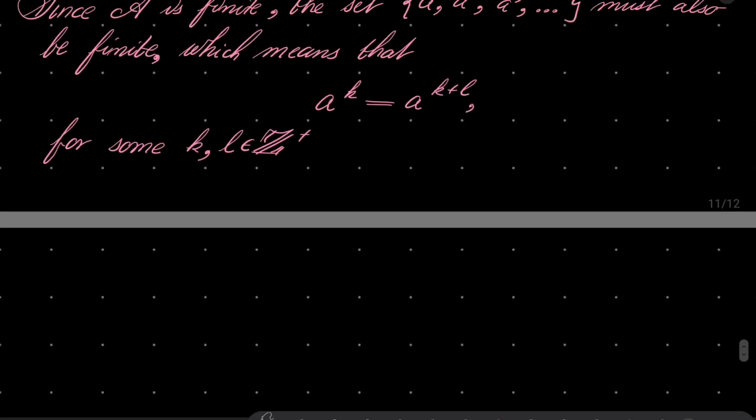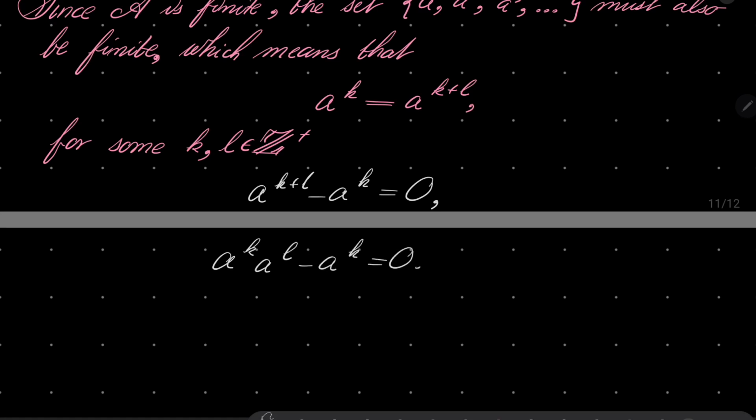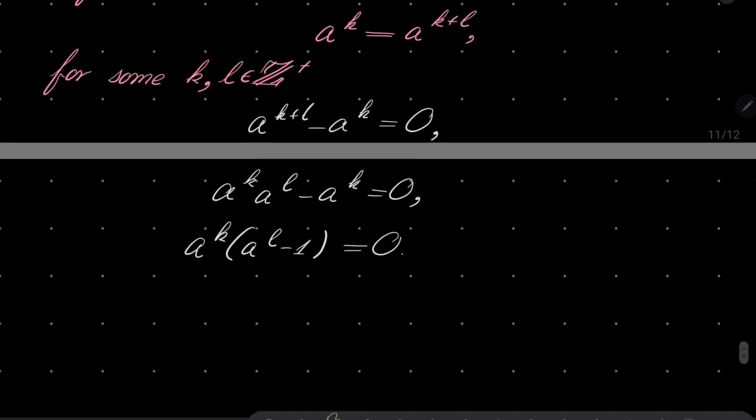And now let's take this equality and write it in a different way. We can write it as a to the power of k plus l minus a to the power of k equals 0, right? And now we can write a to the power of k times a to the power of l minus 1 equals 0. Now we can factor out, and we get 0. And now we'll finally use our claim number 3.